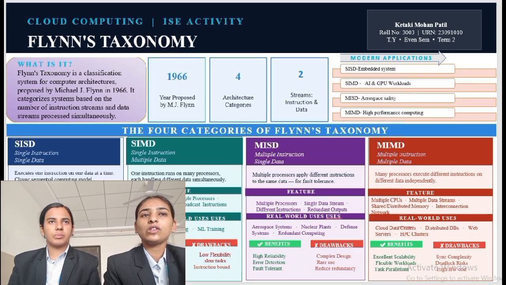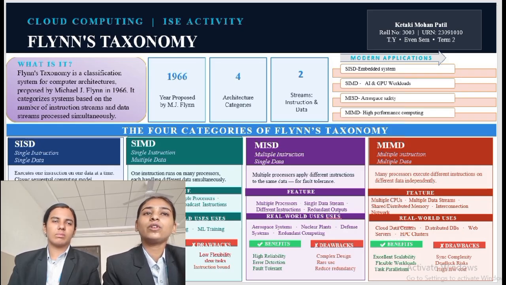This architecture has some features: the same data is processed multiple times through multiple processors. Different algorithms are used to check whether the data is correct or not. As multiple checks occur, this architecture is the most reliable among all these architectures. Coming to its advantages, it is highly reliable, as I told earlier, since we check the same data item multiple times through multiple processors.